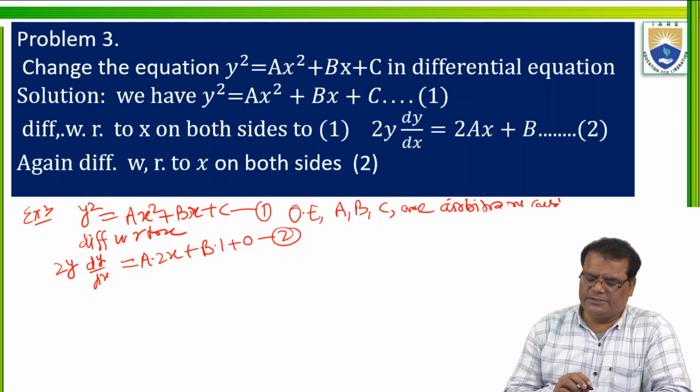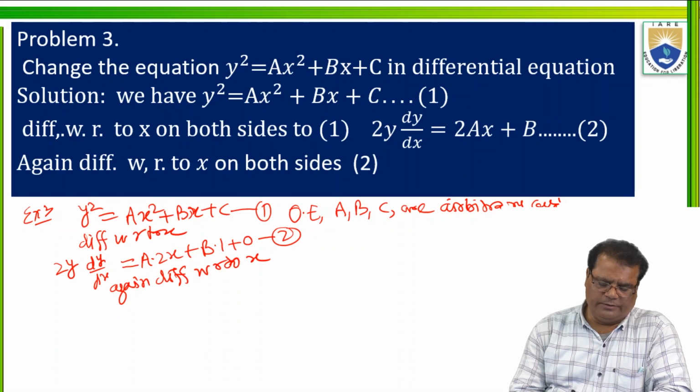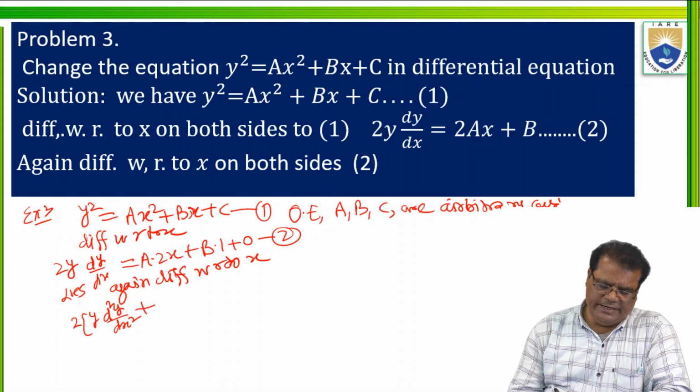Ax square plus bx plus c. Now again differentiating with respect to x. Here we use the product formula on the left hand side. Taking y as constant, we differentiate the other factor: y d2y over dx2, plus dy/dx as constant times the differential of y, which is dy/dx. So we write dy/dx into dy/dx.